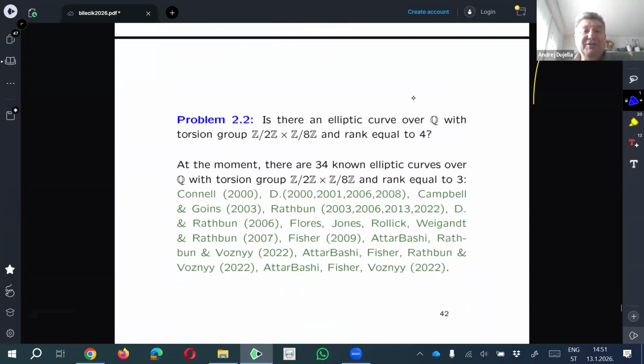From the second chapter, something which I almost mentioned. This is the largest possible torsion group due to Mazur's theorem. And here I mention briefly that at this point, the current record is 3.